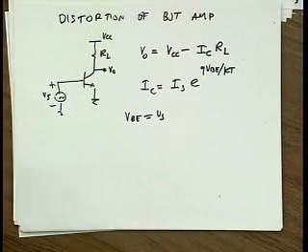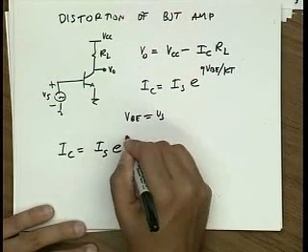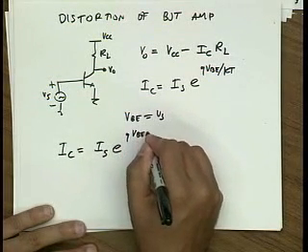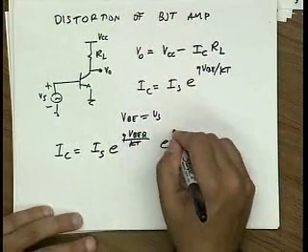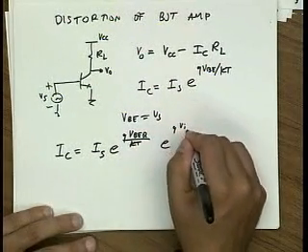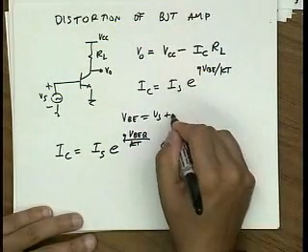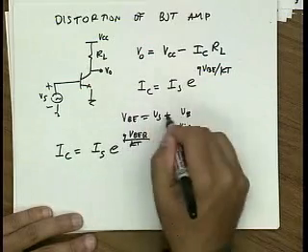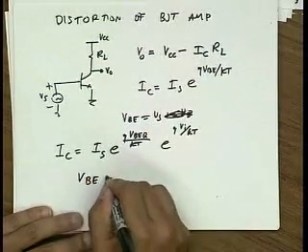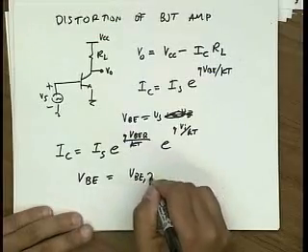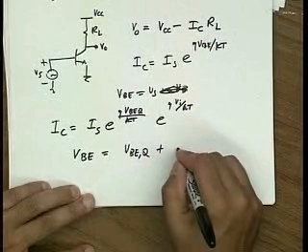So I can write IC as two terms, e to the q VBE q, the quiescent bias point, times e to the q V input over KT. In other words, I assume that the input VBE is some DC value, which is the quiescent operating point, plus some small signal.